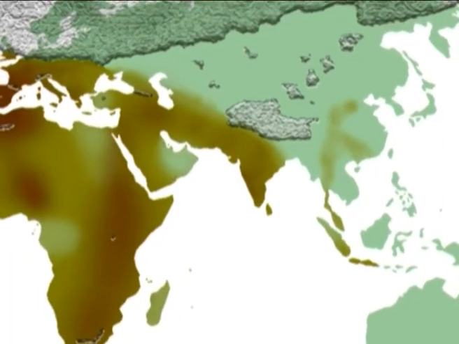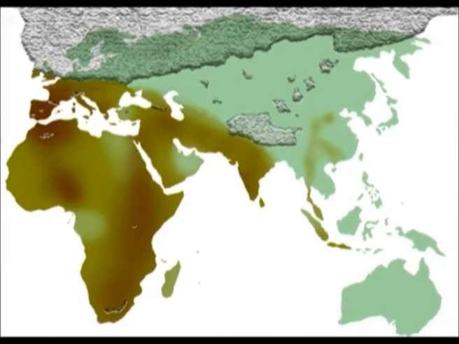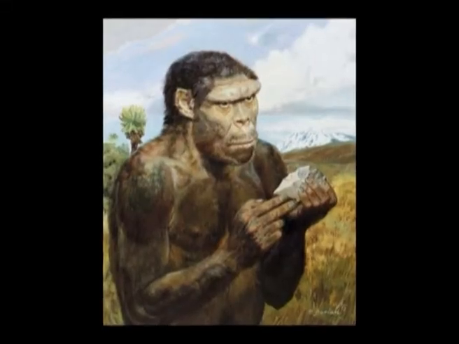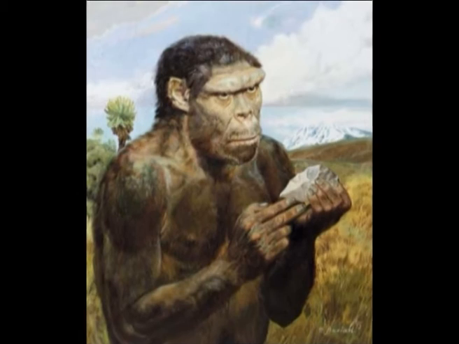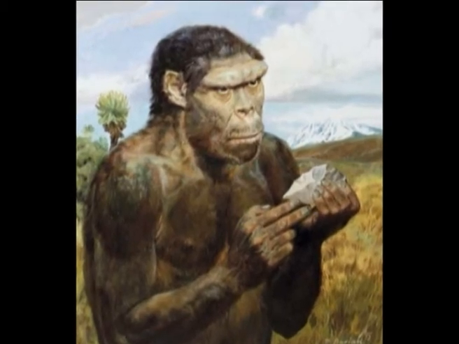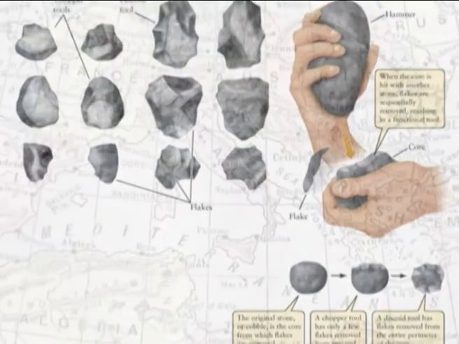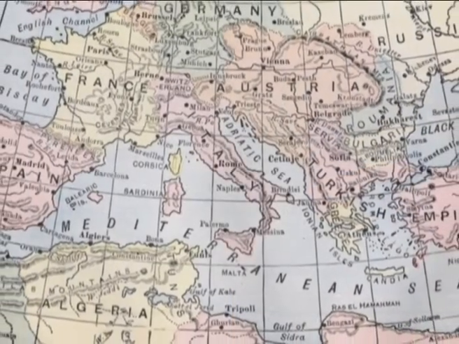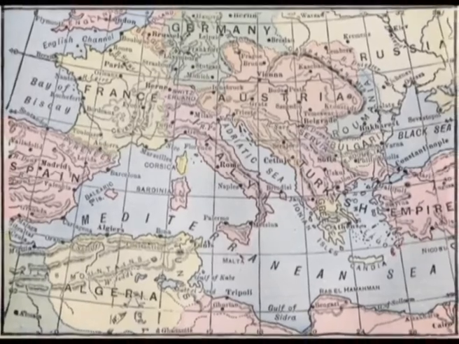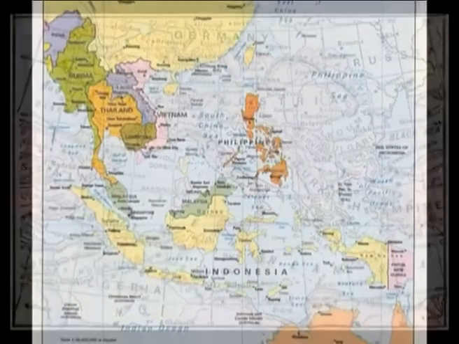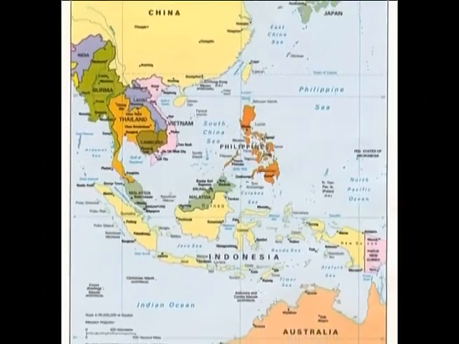The carrier species from Africa to Europe undoubtedly was Homo erectus. This type of human is more clearly linked to the flake tradition, which spread across southern Europe through the Balkans to appear relatively densely in Southeast Asia.